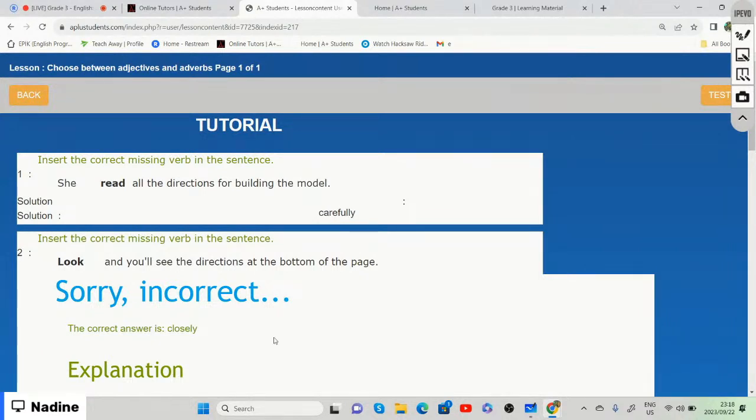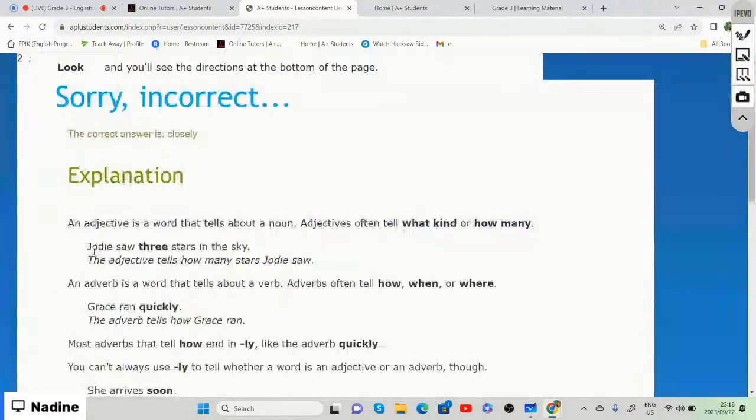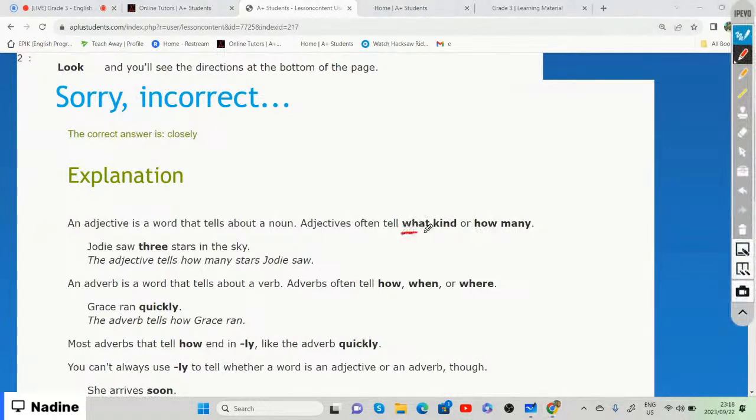Okay, and once again, it says an adjective is a word that tells us about the noun. Like we said, it's describing the noun. Adjectives often tell us what kind and how many. Earlier on, we also made an example of Jody saw 3 stars, and 3 tells us how many stars Jody saw.